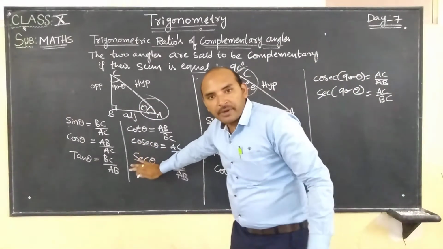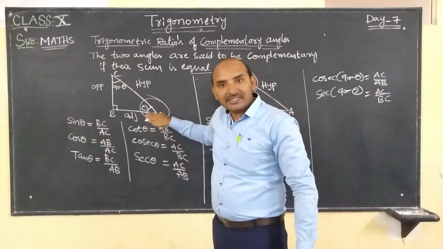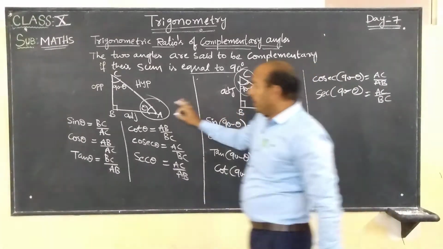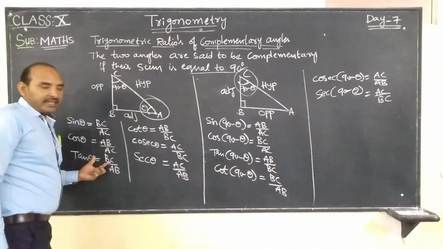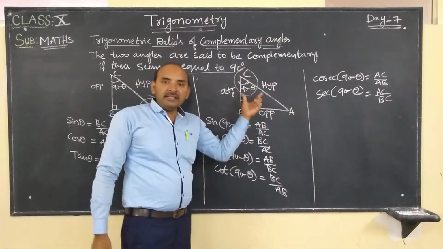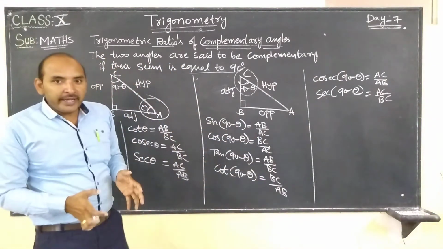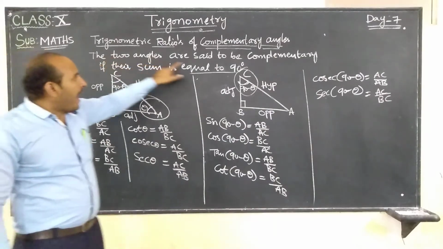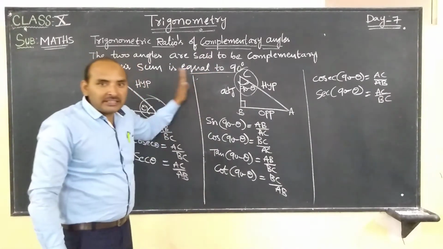These are the 6 trigonometric ratios at A, that means theta. This angle is 90 minus theta. Both are the same triangle, but we are taking the angle at A as theta. Here angle at C is 90 minus theta. Now what you observed in these 2 triangles is, the 2 angles are said to be complementary angles. The sum must be 90 degrees.